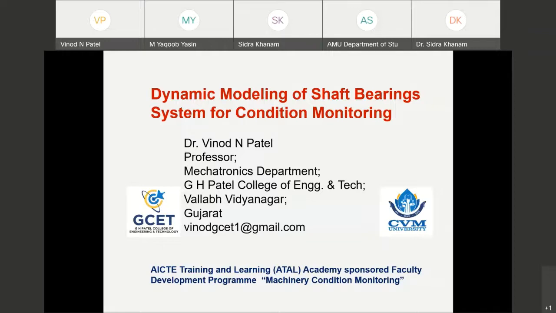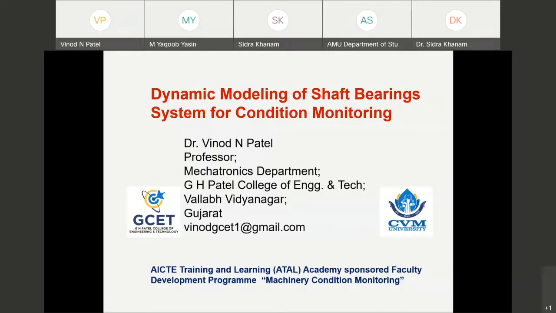Professor V.N. Patel is currently serving in the Mechatronics Department at the level of Professor, G.H. Patel College of Engineering and Technology, Gujarat. He obtained his PhD degree from the Indian Institute of Technology, Delhi in 2012, ME degree in Machine Design in 2001 from Sardar Patel University, and Bachelor of Engineering degree in Production Engineering from Saurashtra University in 1996.